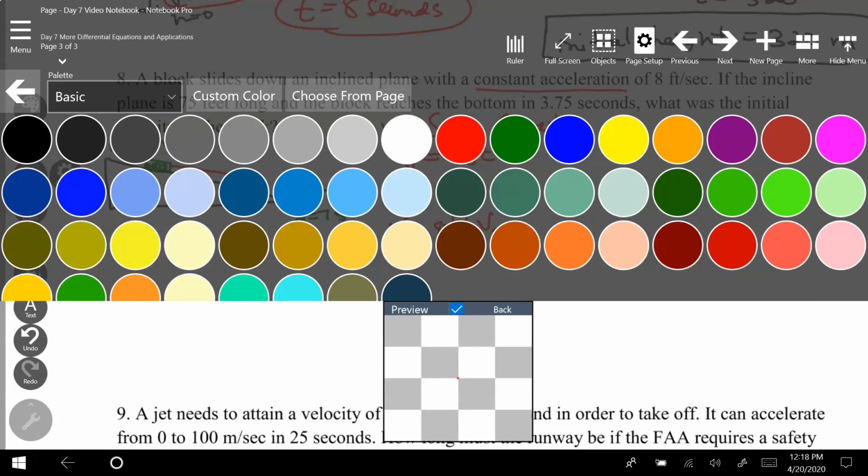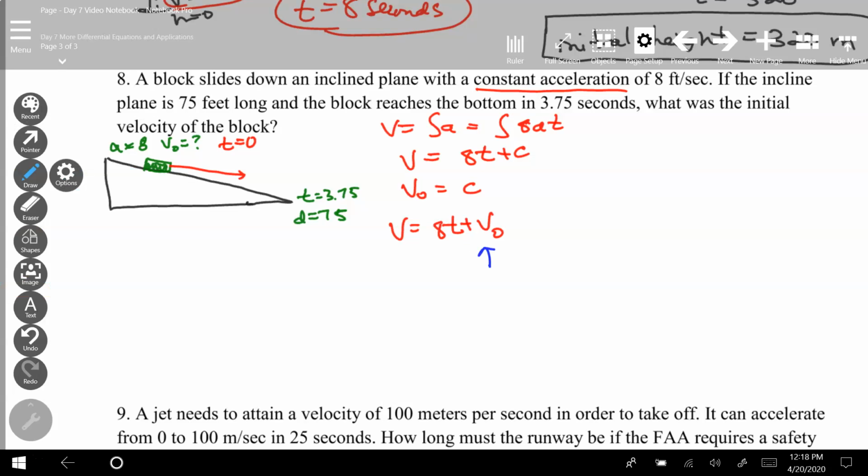Again, I don't know what that is. It doesn't matter. So my height on this block is the antiderivative of my velocity, which is the antiderivative of 8t plus v sub 0 dt, and height equals 4t squared plus v sub 0 t plus c.